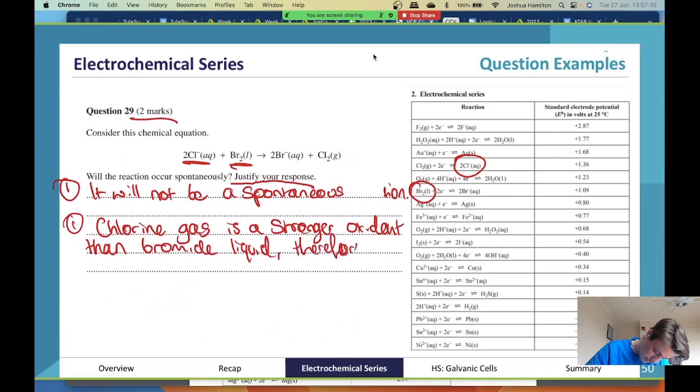Therefore, this reaction would be non-spontaneous.